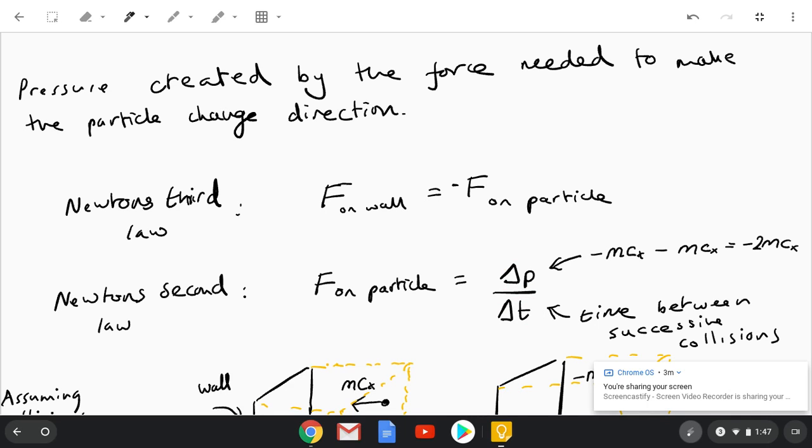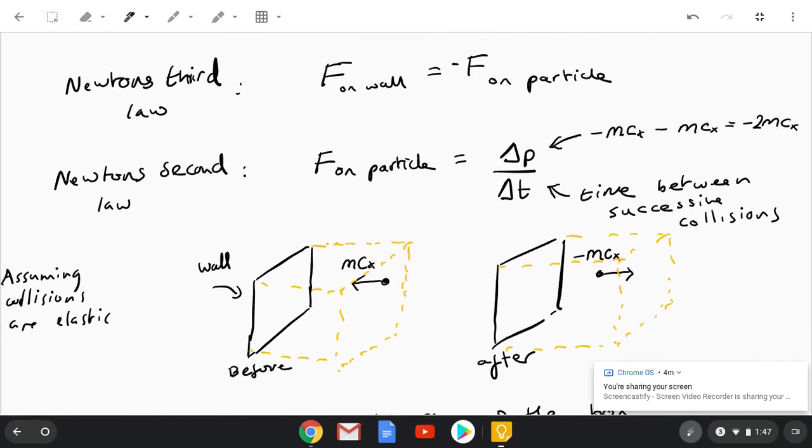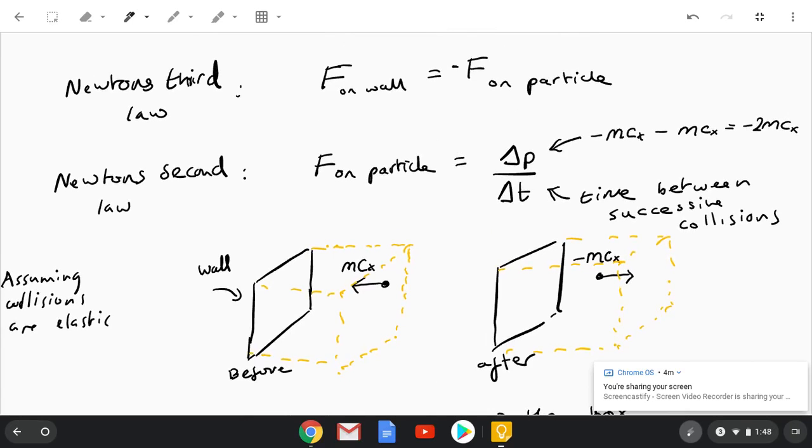I'm going to look at those separately. First, let's look at the change in momentum, using the pictures underneath to help. This is the first assumption from the ideal gas properties: assuming collisions are elastic. That means that after the particle hits this wall and bounces back, it holds the same speed.